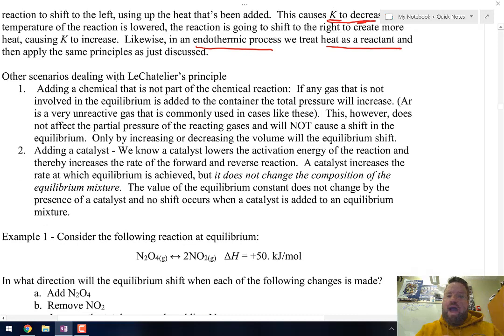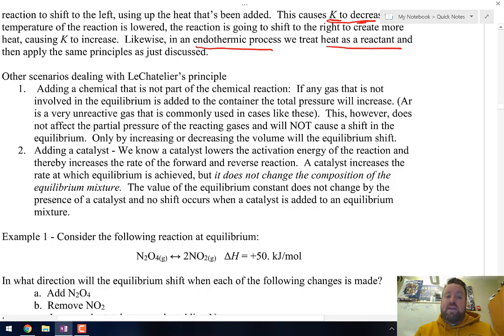So if you add a chemical that is not an exact part of that chemical reaction, say any gas that is not involved in the equilibrium is added to the container, the total pressure is going to increase, right? You add more gas, the pressure is going to go up. Argon, an unreactive gas, is commonly used like this. But we haven't decreased or increased the volume.